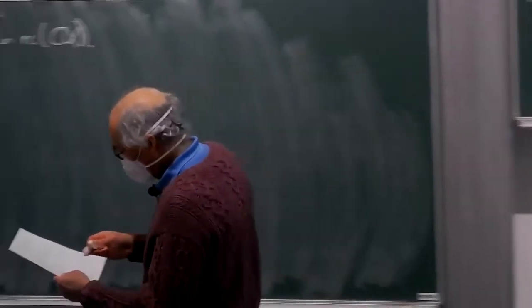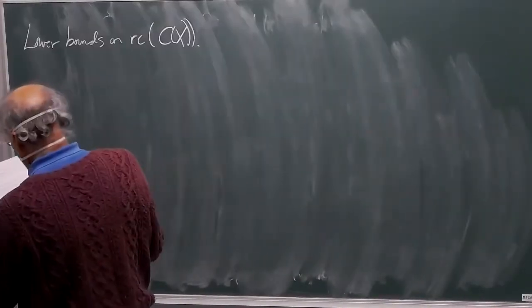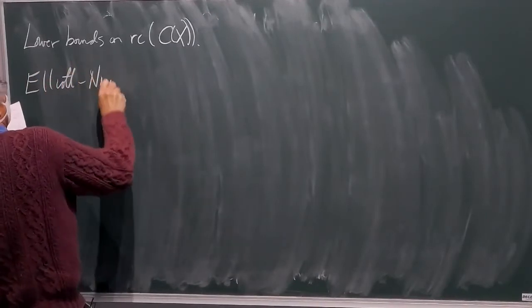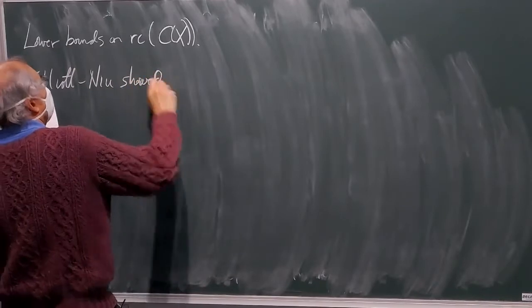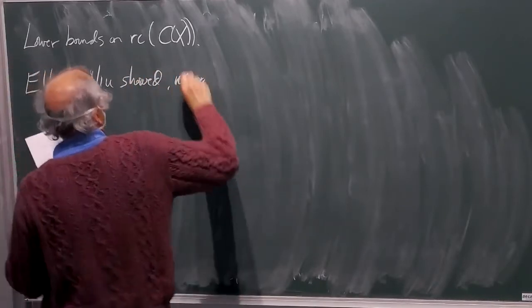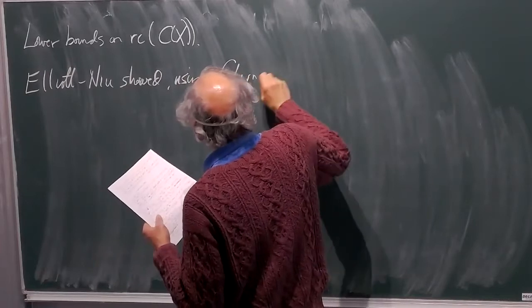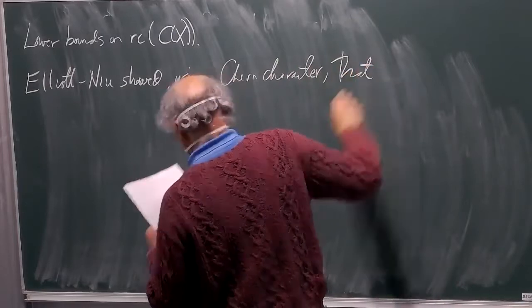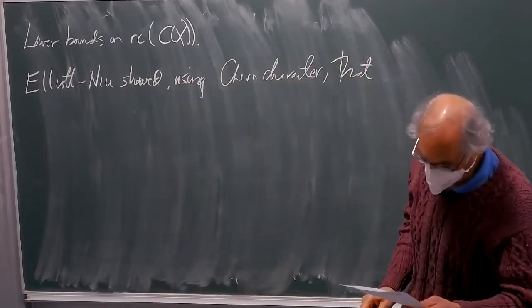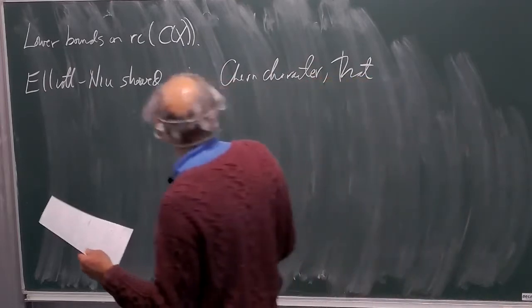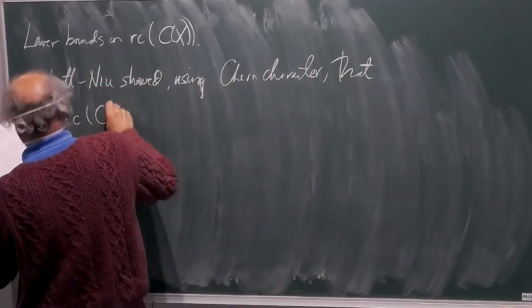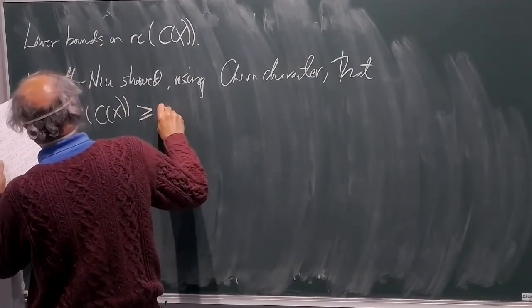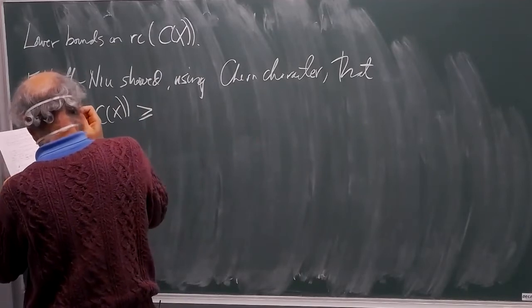So Elliott and Niu showed, using the Chern character, that RC of C of X is bigger than or equal to, so let's see, I put here.